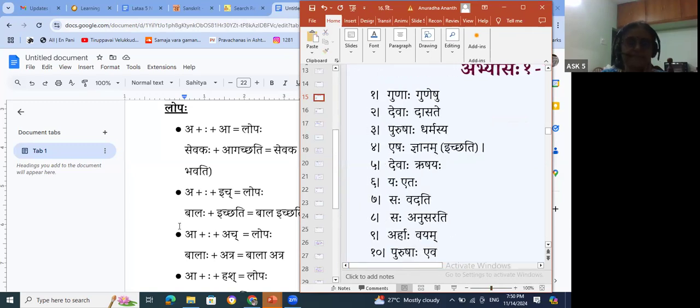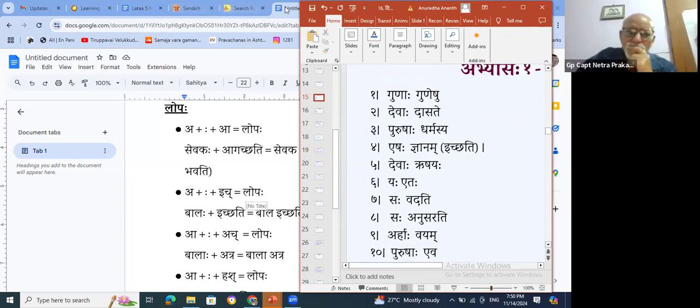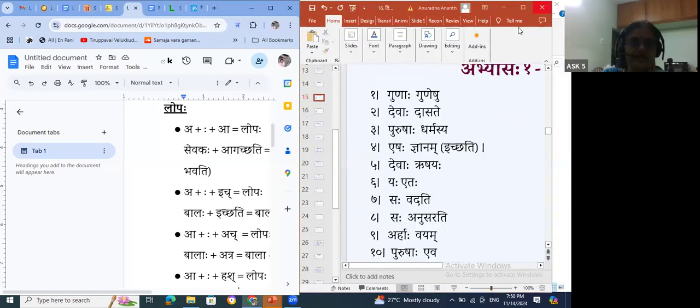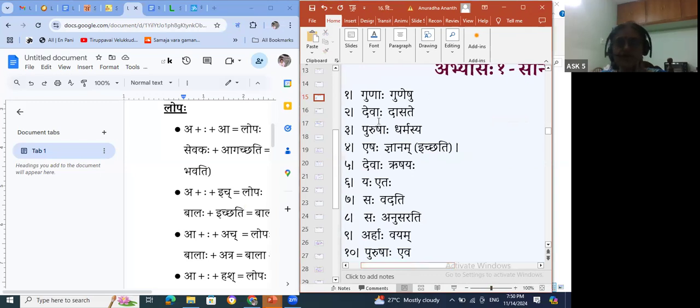Okay, now what happens here? These are all going to be lopa, but each one of you can tell me why a lopa is happening. We'll start with Pooja Mahoday.